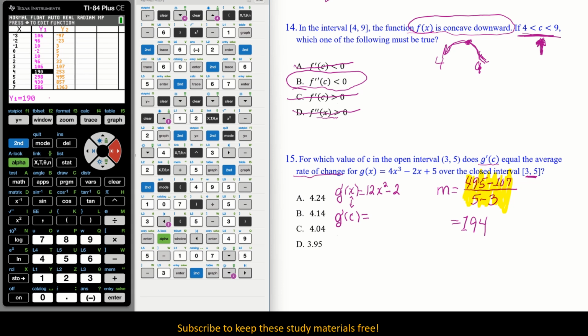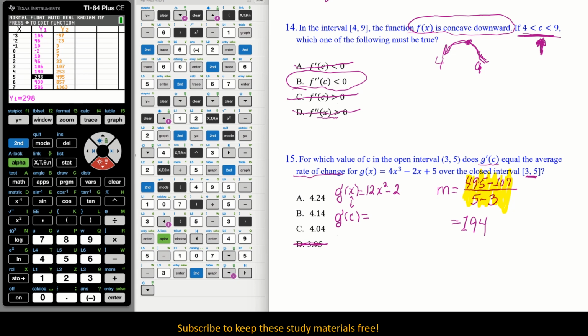Our derivative, G prime of X, is the pink. That's why I wanted the pink in, and it's convenient that it's a darker color, because that's what our eye goes to. So we know that this X has to be greater than 4 but less than 5. So we've already eliminated option D.